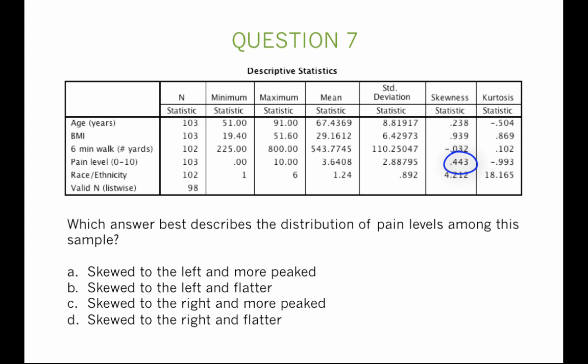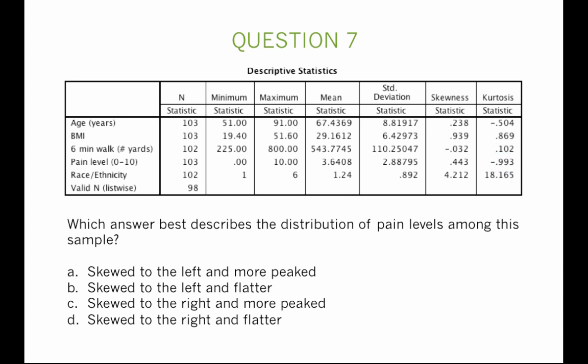0.443. So does this skewness statistic mean that it's skewed to the left or skewed to the right? Well, since it's positive, it's skewed to the right. What about our kurtosis statistic? Negative 0.993.